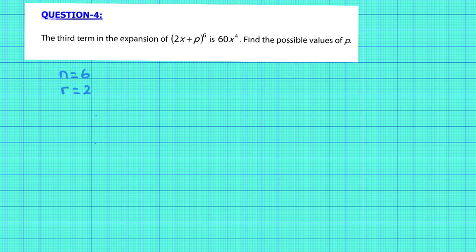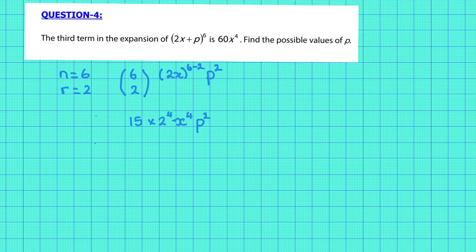Therefore, we can write 6 choose 2, (2x) to the 6 minus 2, p to the 2. If we expand this, we get 6 choose 2 is 15, 2 to the power of 4, x to the power of 4, p squared.